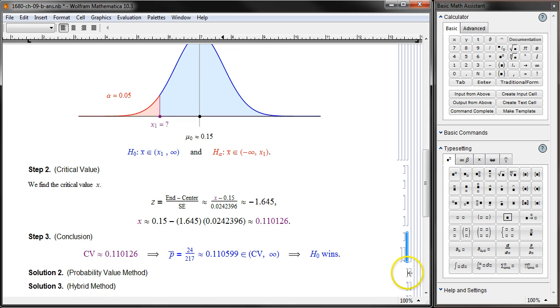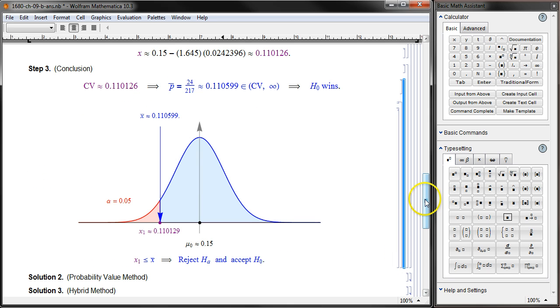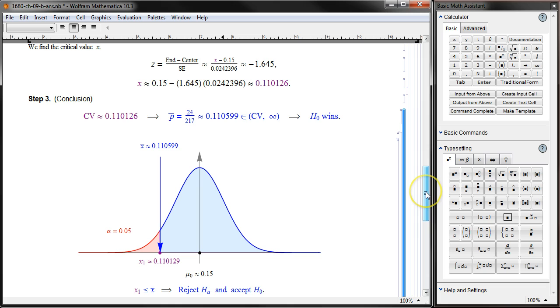But if you compare, it falls kind of like this. The critical value is 0.1101 something, but the observed proportion is 0.1105 something. So close, but this observed proportion falls into this null region. Therefore, null wins.